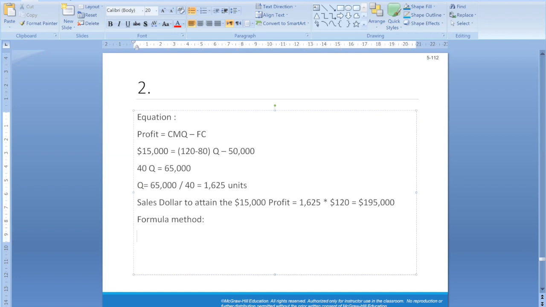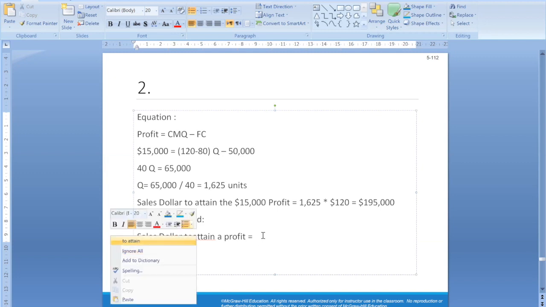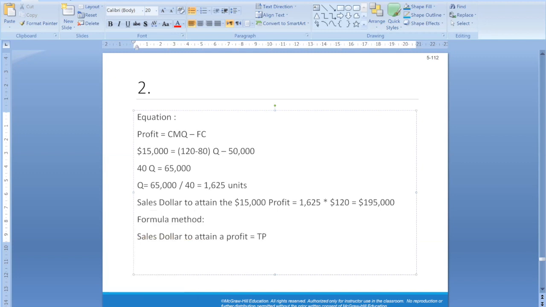So the formula method means the sales dollars to attain a profit equal target profit plus fixed expenses, all divided by the contribution margin ratio.